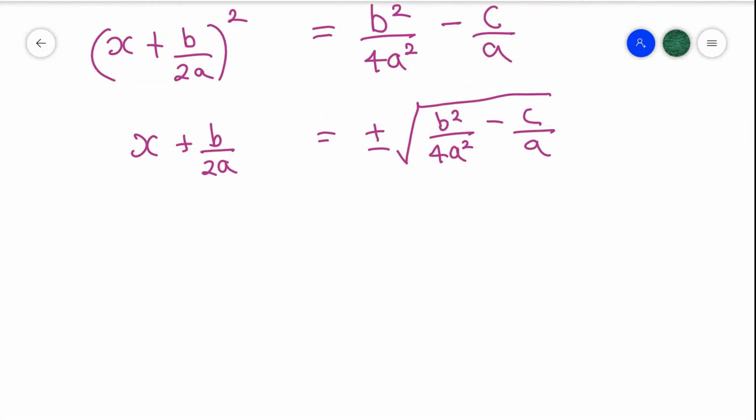We can now try to make the denominator of the right hand side a common denominator. We can see that 4a squared is one of the denominators and a is the other denominator. So the common denominator would be 4a squared. To achieve that, we can multiply this term by 4a.